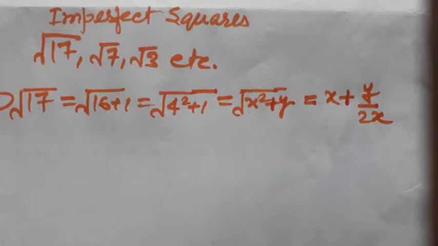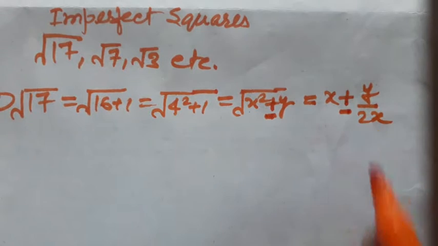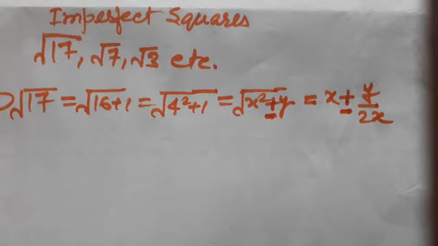But sometimes we opt for a minus sign also here. If we take minus here, then we have to take minus here also. Now it depends on the situation, so we will discuss everything in detail going ahead.